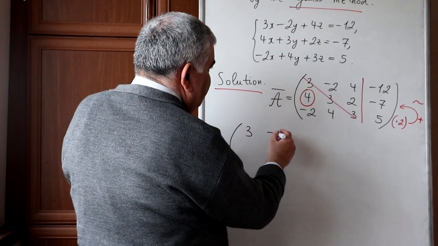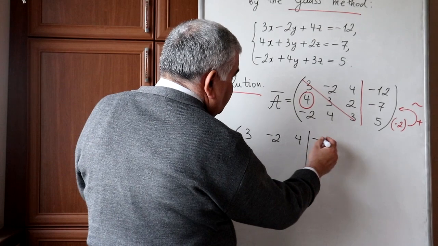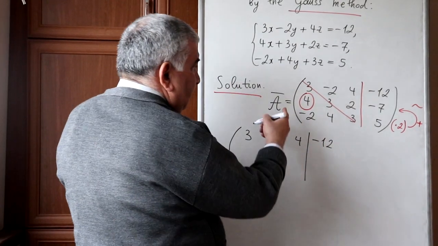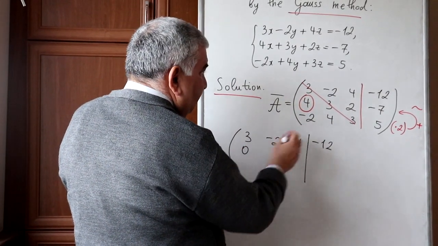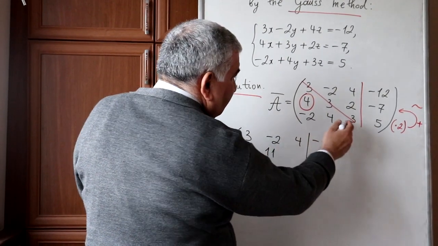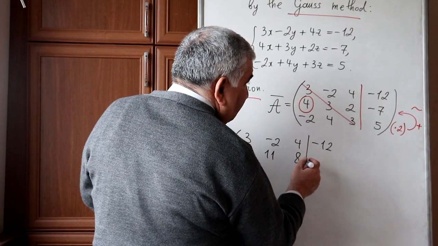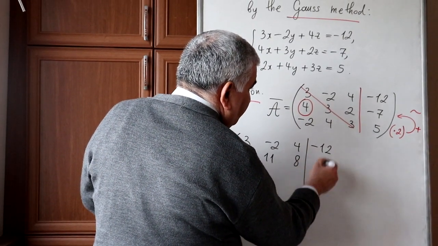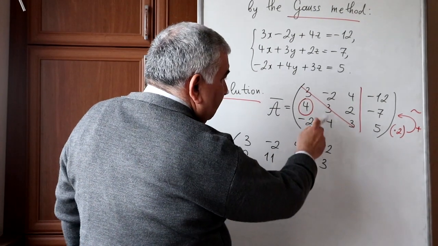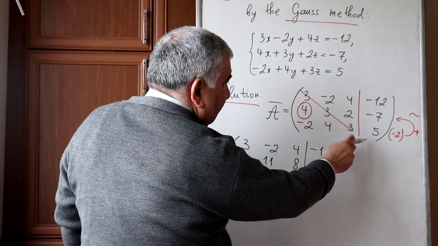3, minus 2, 4, minus 12, 0, 0, 8, 11, 11, 8, 3.